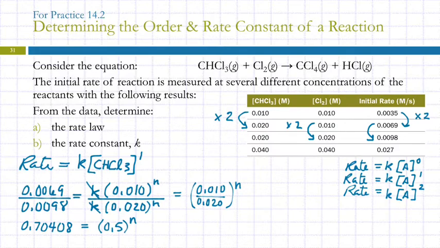Now, this isn't one that I can look at and just say, oh yeah, it must be 2. No. So then we have to do that trick where we take the base 10 logarithm of each side. Take the base 10 log of the left side, 0.70408, and taking the base 10 logarithm of the other side, the exponent comes out and is multiplied by the log of the 0.5.